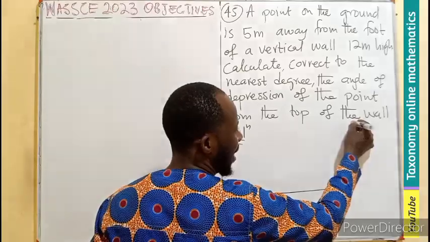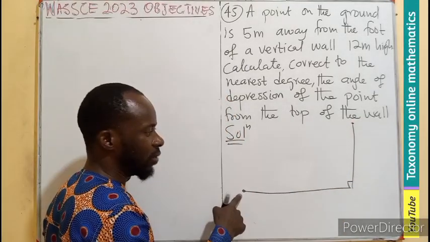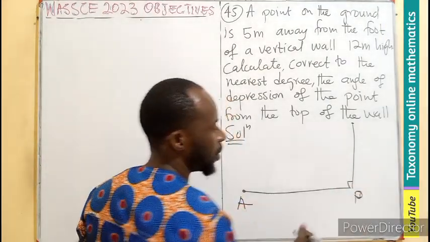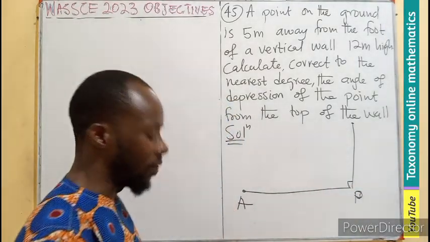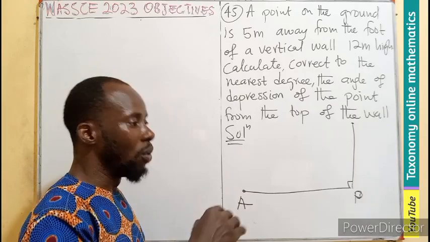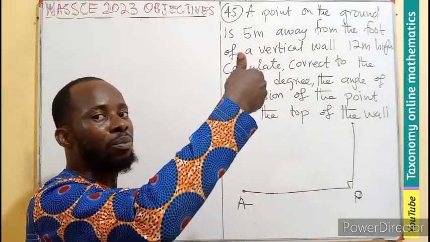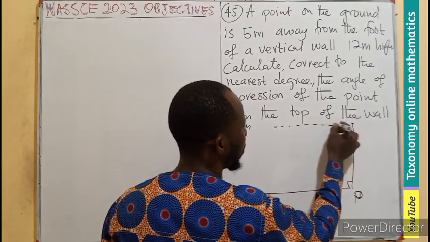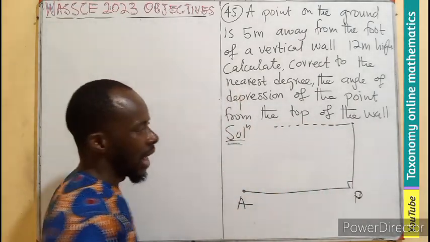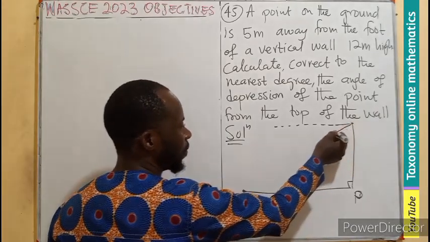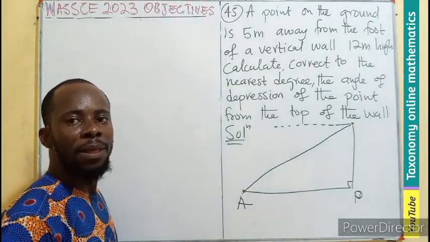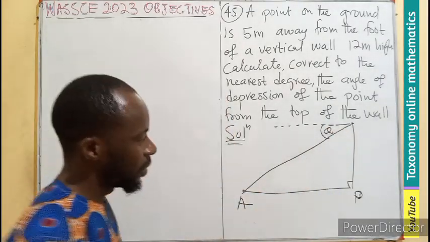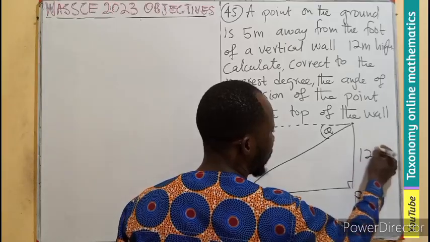Now, if I am standing here and I want to see this point, let's say point A, the angle of depression is the angle below a horizontal line, which will be my eye level. I'm going to tilt my head down towards the point A. We are looking for this angle of depression.